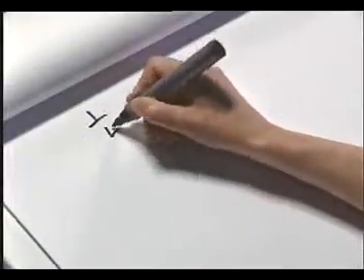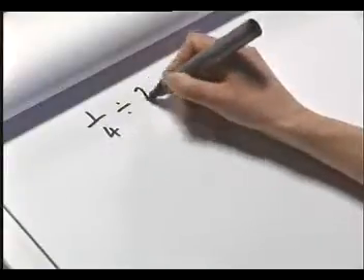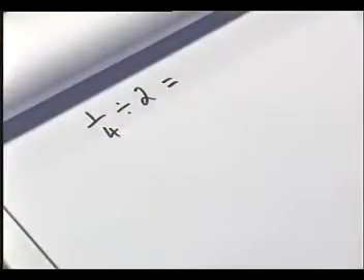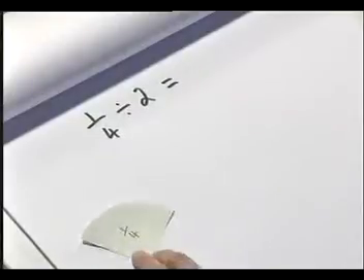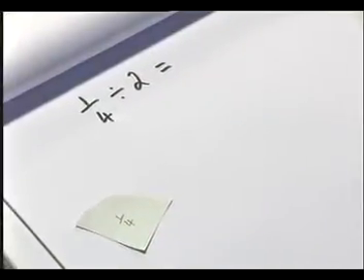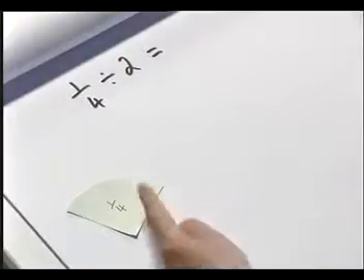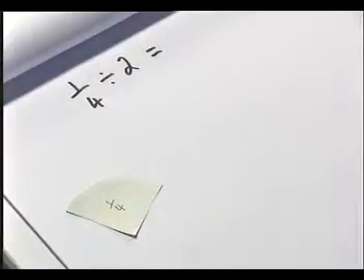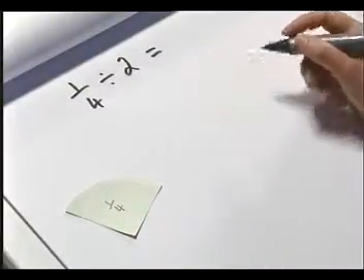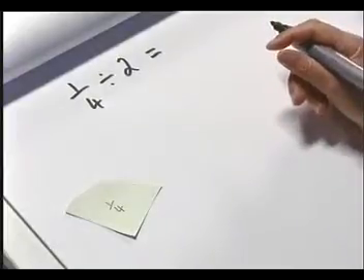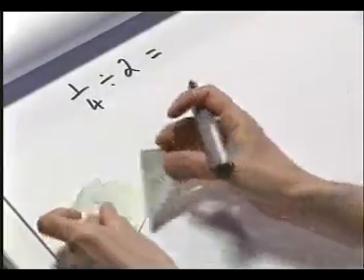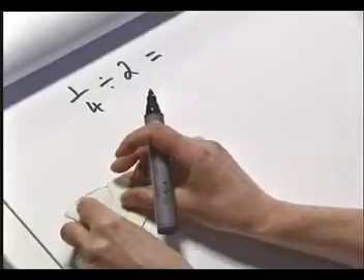Let's go on to division. A quarter divided by 2. Let's have a look at a quarter. We want to split it up into 2 equal pieces. There's 2 equal pieces fitting on top.